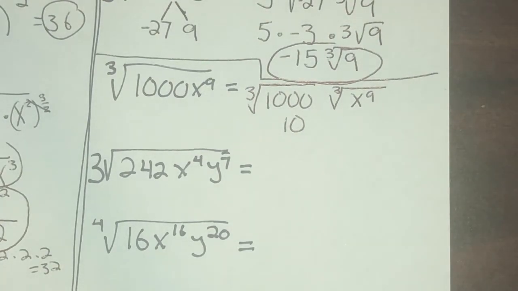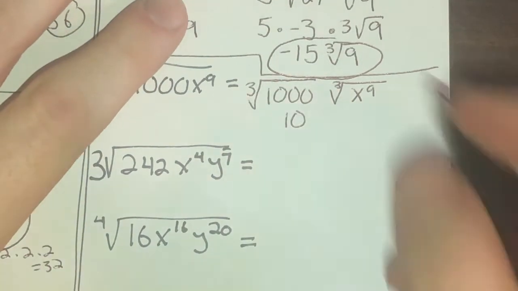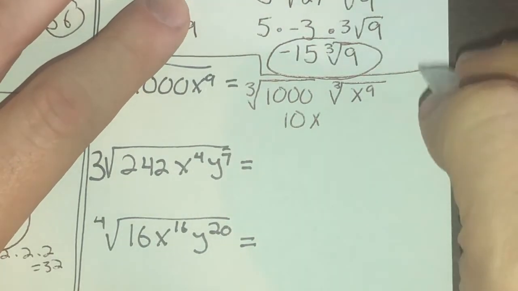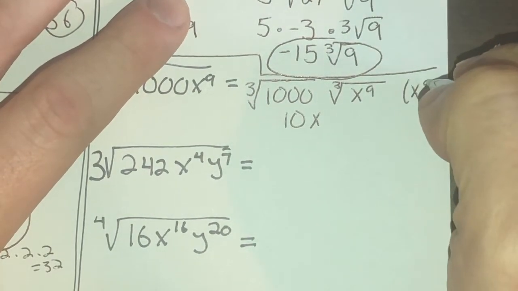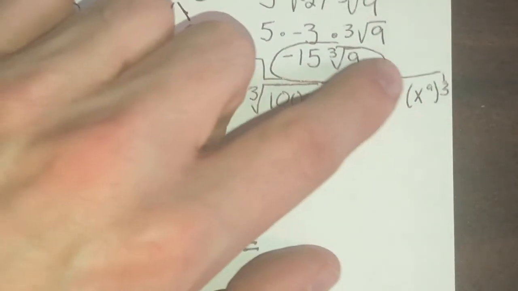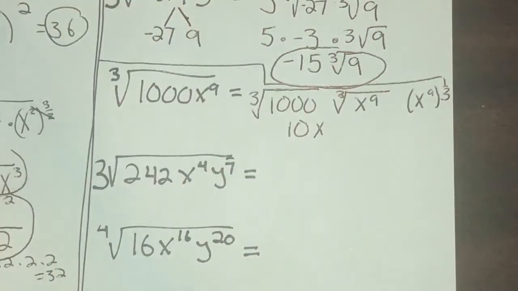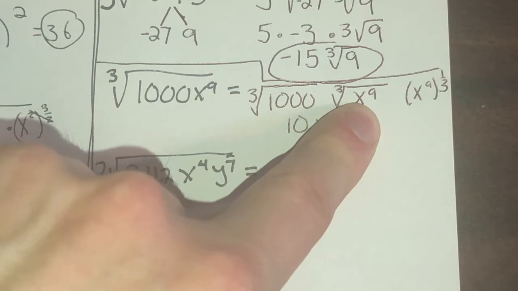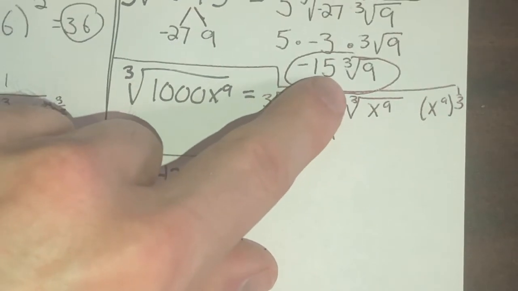And then I come to the x to the power of 9. Is 9 divisible by 3? It is. So you divide basically by 3, because this is x to the 9th to the 1/3. So you're multiplying the exponents, 9 and 1/3, or you're dividing the exponent in the root by the index of that root.